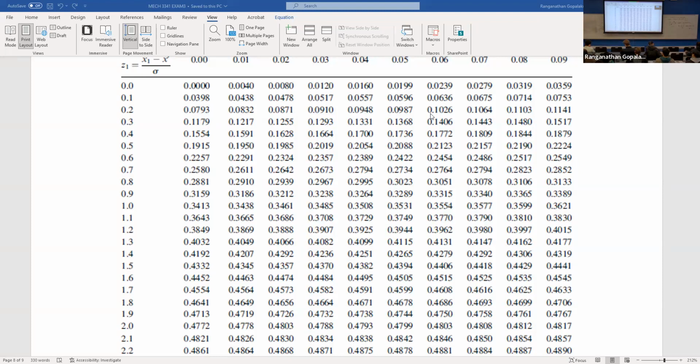So we have 0.5 minus, was it 0.4452? Yes. So what is that now? 0.0548.